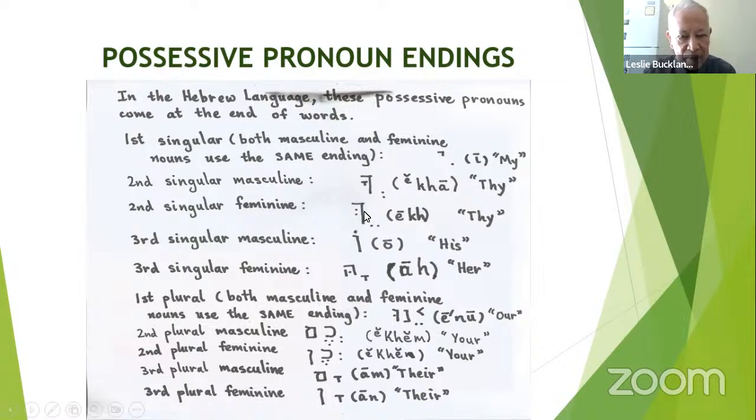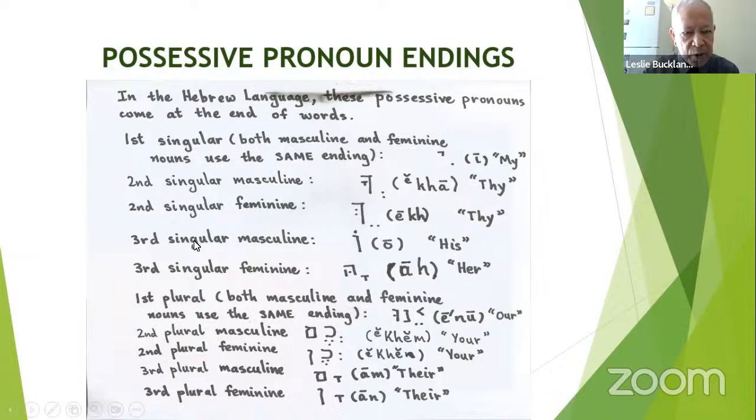So it's A, this is kaf again, KH, and in the kaf is a simple shua. So ek is the pronunciation. This is the second person singular, feminine gender, possessive pronoun ending, translated in Old English as thy, in modern English as your, Y-O-U-R.